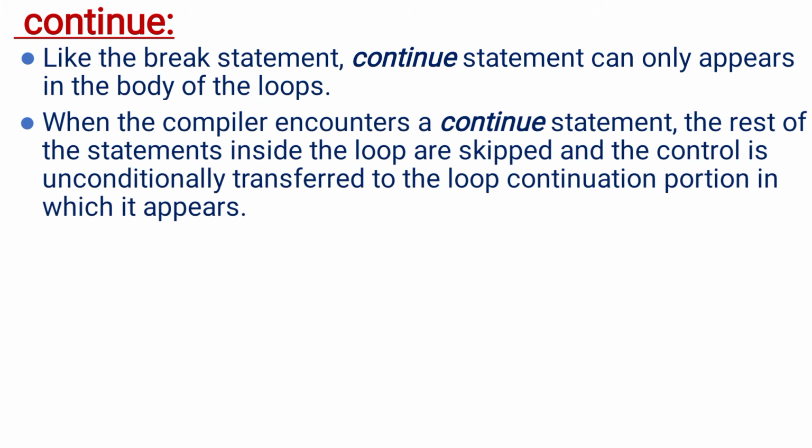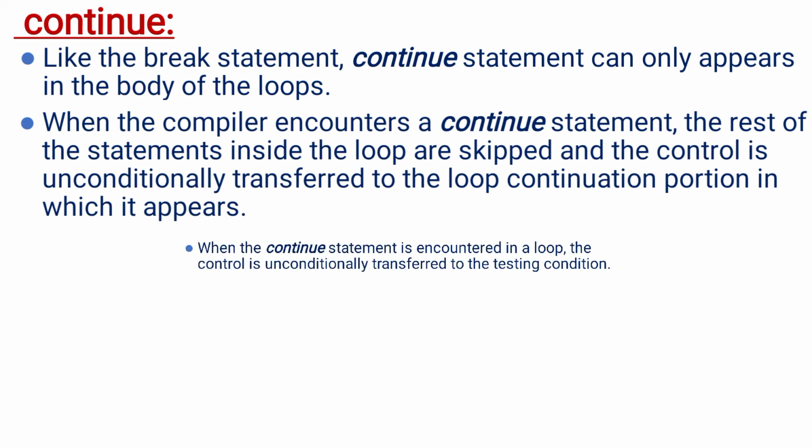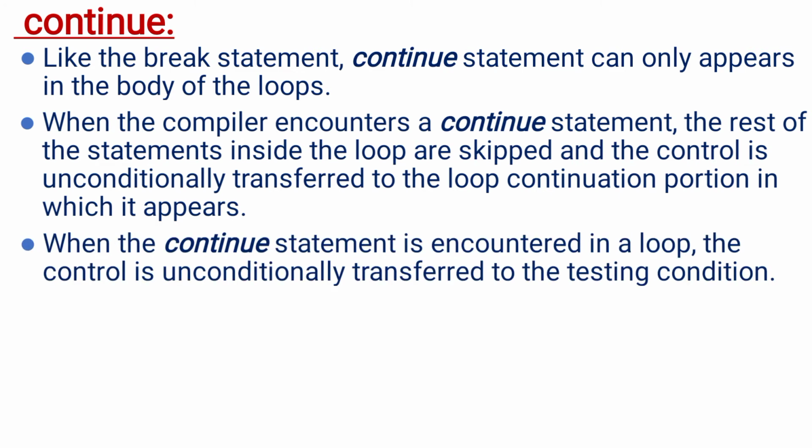So to the condition the control is unconditionally transferred inside the loop. When the continue statement is encountered in a loop, the control is unconditionally transferred to the testing condition.